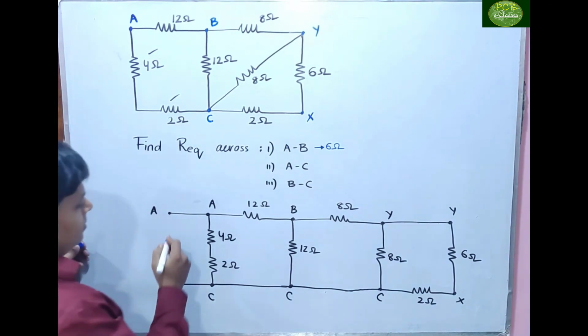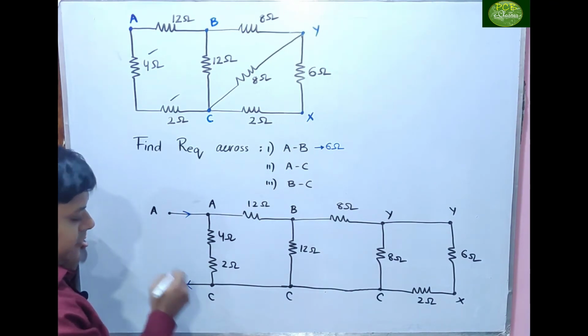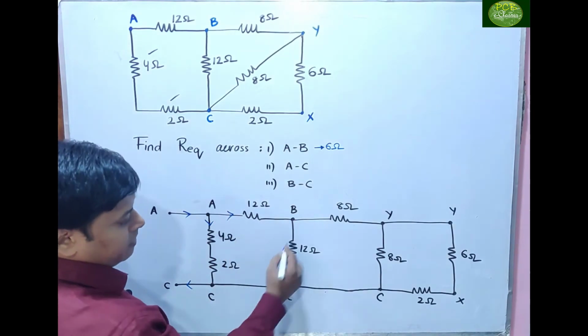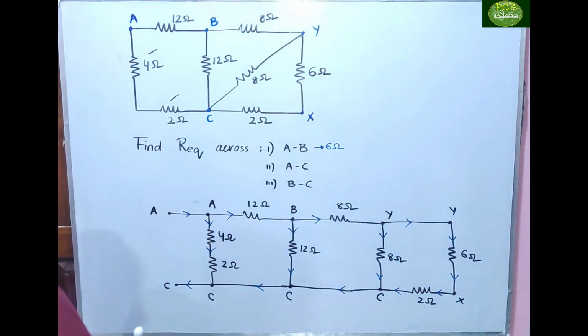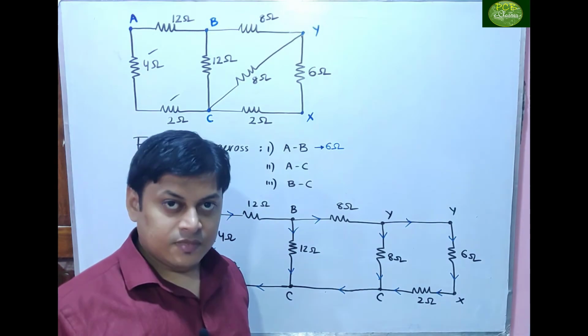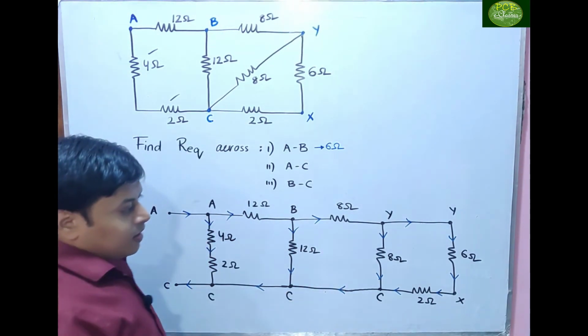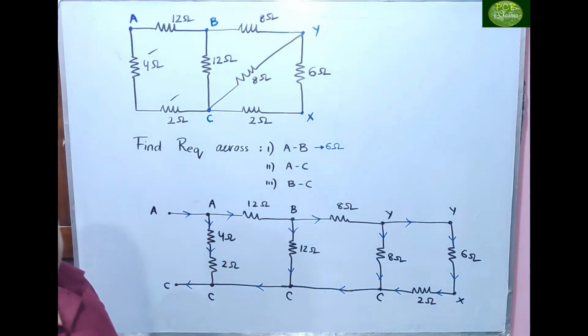Now we will assume the current directions. From A we will input the current, and from C it will leave. Next, here the current is divided. Fine, this is the distribution of the current. Next, we will apply the series and parallel conditions. Clear? See here, the current flowing in the 6 ohm and the 2 ohm, is it the same? Yes.